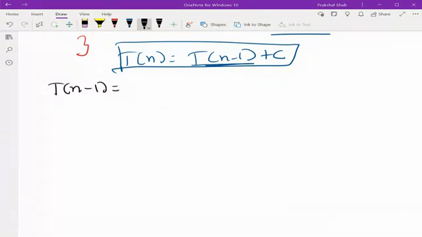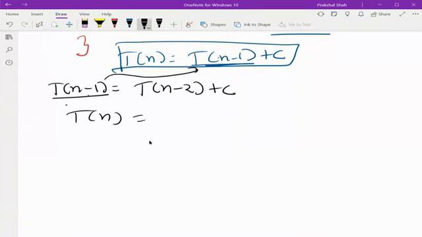If you put n minus 1 in place of n, you will get T of n minus 2 plus C. Yes or no, Aradhya? This T of n minus 1, if you put it back here, then what will you get? T of n minus 2 plus C plus C, right?